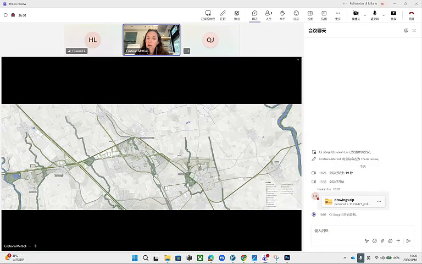So maybe you can work a little bit more to make this line clear. Also because here there is a very complicated intersection of highway, motorway, etc. So I think you have to make it clear this east-west connection, which now is not so clear.